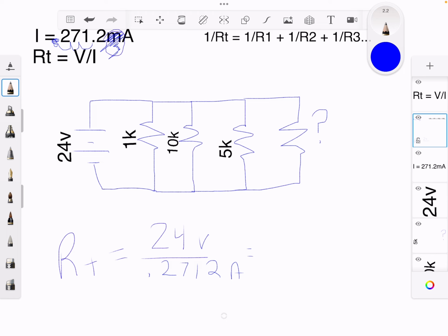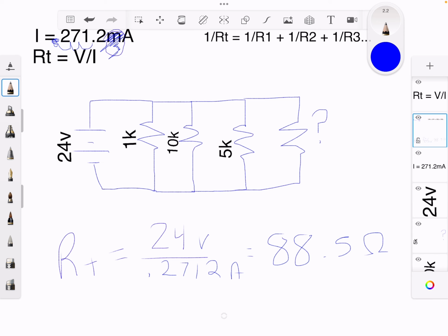So our resistance total is going to come out to 24 divided by 0.2712 amps. This gives us about 88.5 ohms.